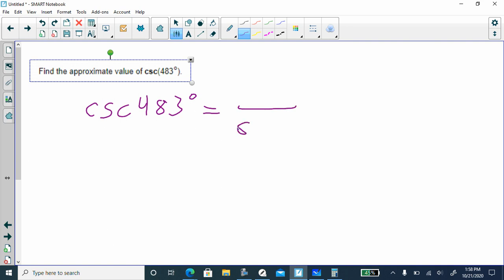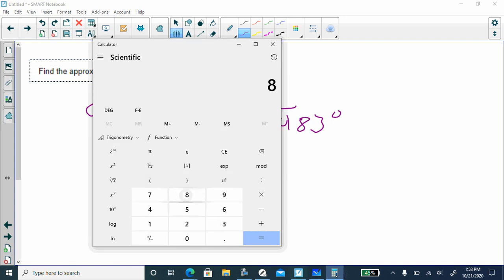So if we know sine of 483, cosecant is the reciprocal of that. If we take sine of 483, we get 0.8387.